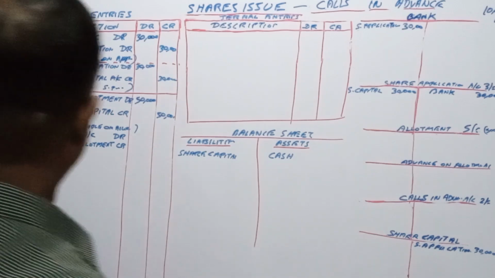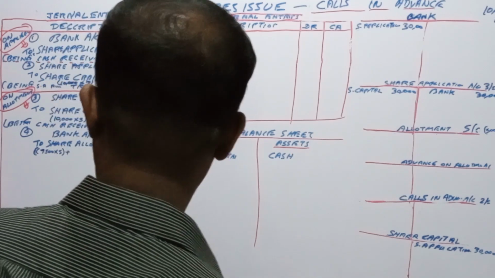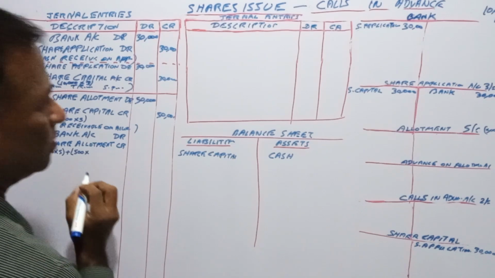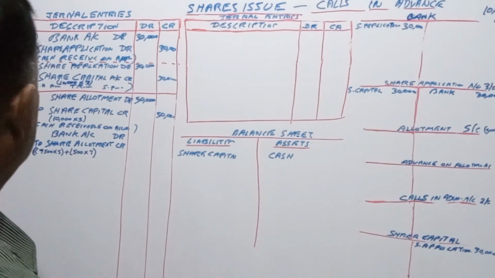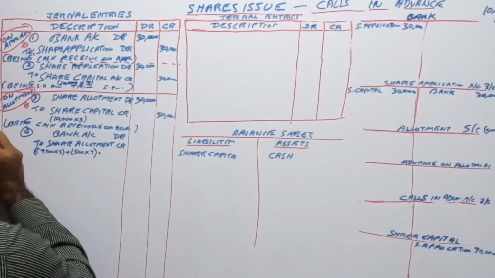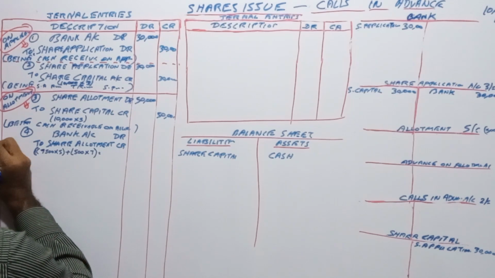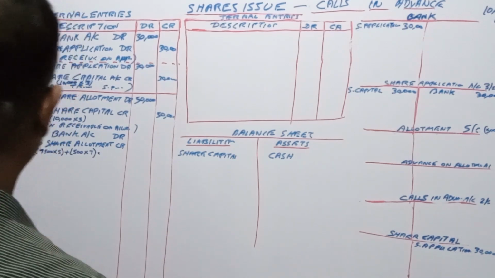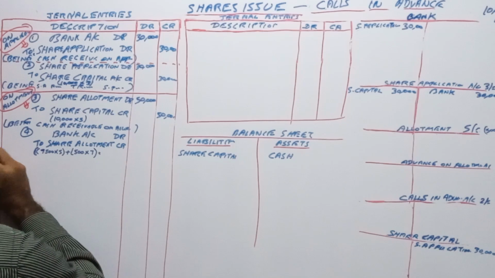plus 500 shares at the rate of 7. That is 9,500 into 5, 47,500, plus 500 into 7, 3,500.